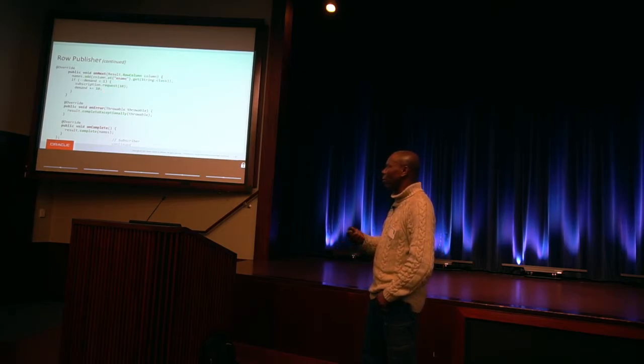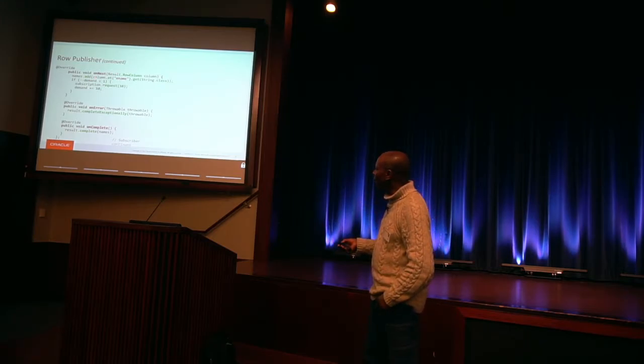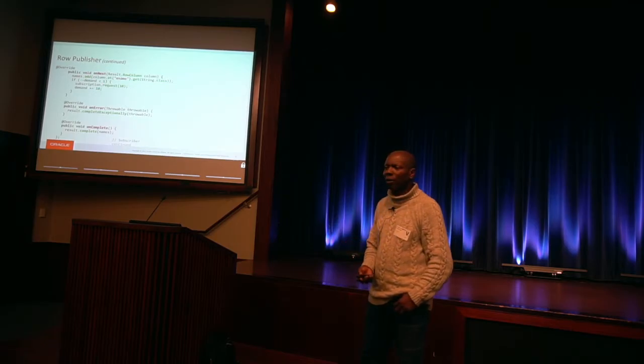Okay, then onNext, which is the most important function because that's the one that's called several times. onSubscribe is only called once. onNext is called all the time. So on next, we're going to add the name that we will recoup, the string that we will recoup at the column ename. So we're going to add this to the list of names. And if the demand is lower than 1, we're going to request 10 more.